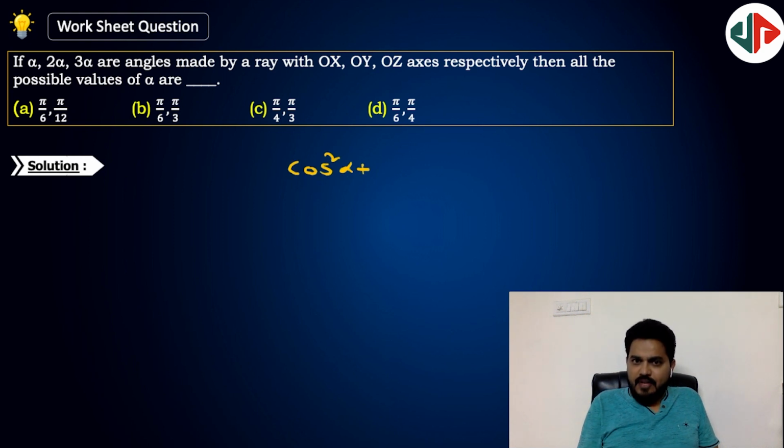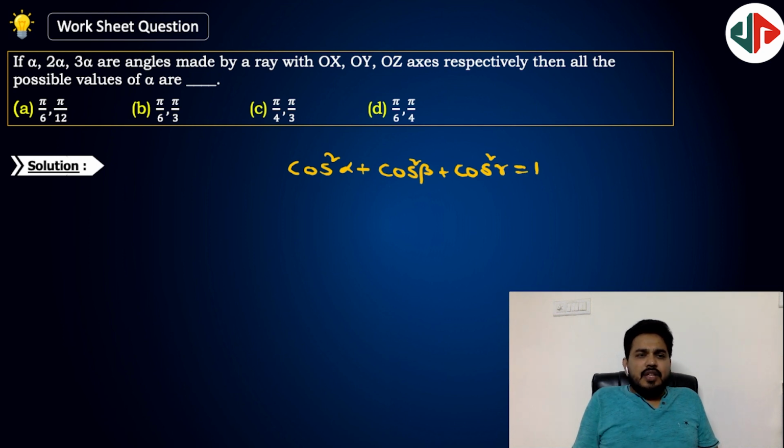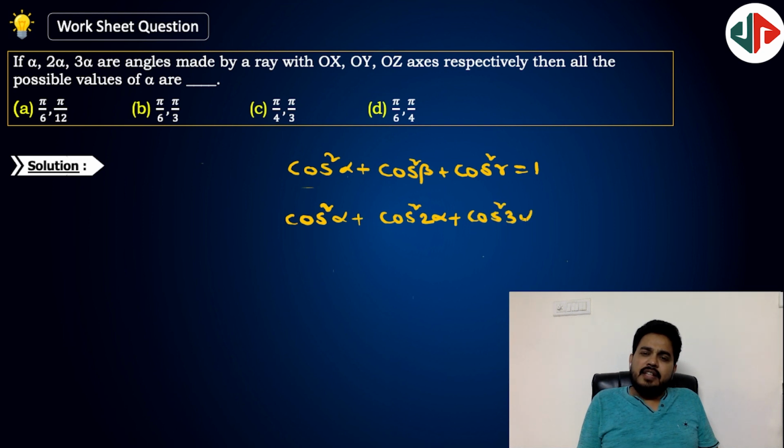Cos square alpha plus cos square beta plus cos square gamma is equal to 1. So this is cos square alpha plus cos square 2 alpha plus cos square 3 alpha is equal to 1. Actually, simplification of this one is too lengthy. Instead of that, I'll try to go for verification.